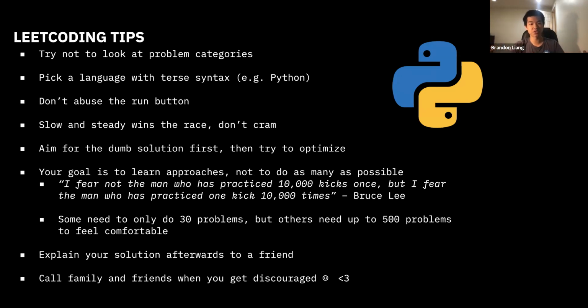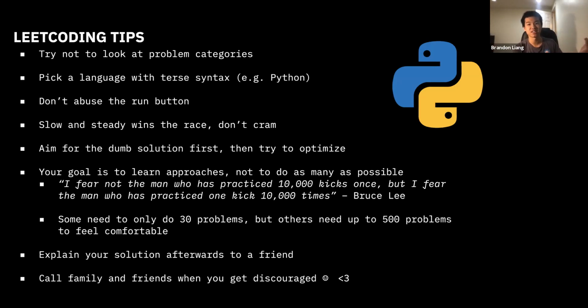Fourth tip would be to not cram LeetCode. I made a mistake before in that right before an interview, I would probably grind like 50 LeetCode problems the weekend before. And I'm here to tell you that it doesn't work, because if you're doing that many LeetCode problems in that short amount of time, you won't be able to process the approaches behind those problems.